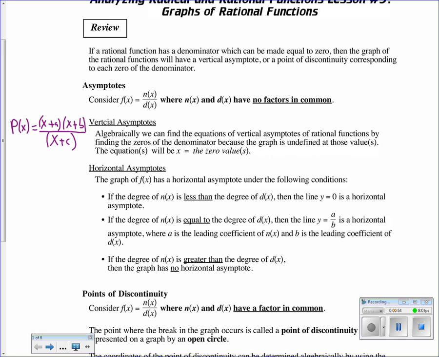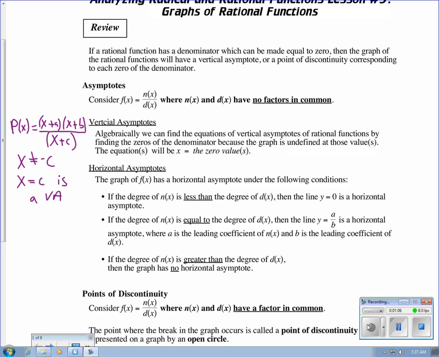There are no common factors, but what we can say is that x cannot be equal to negative c. That will create a problem with the graph. Specifically, because x cannot equal negative c, that will create a vertical asymptote at x equals negative c.